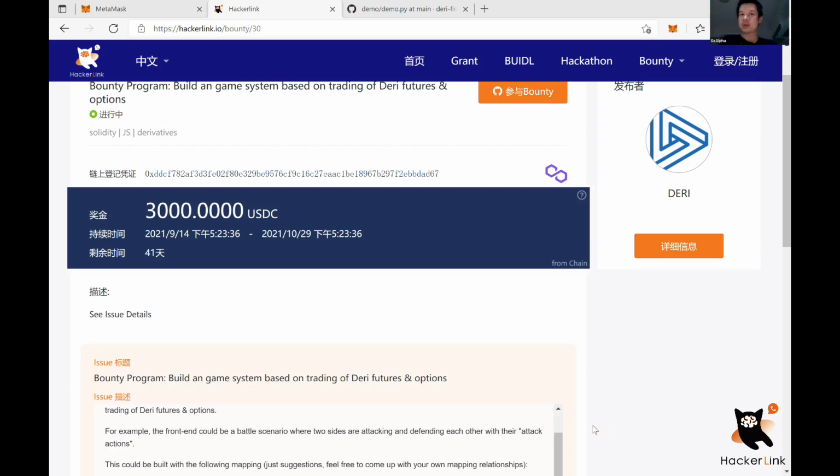Deri protocol is an AMM based trading paradigm. That being said, usually what people want from the so-called live trading book is to understand what kind of slippage you would have when you take a trade, right?